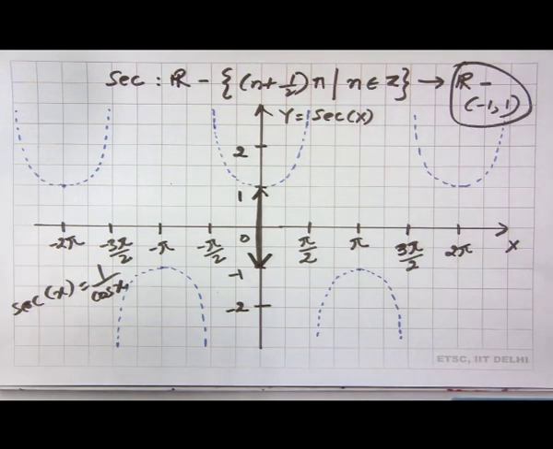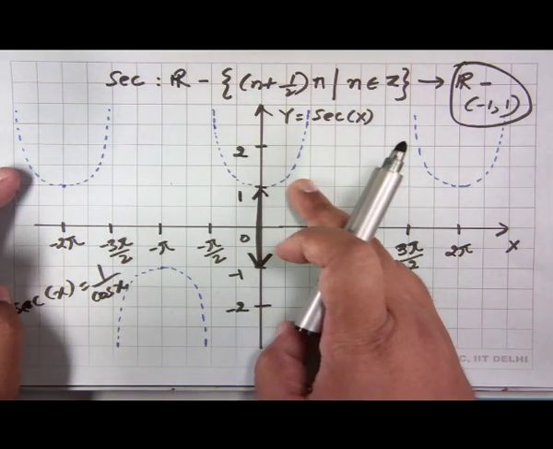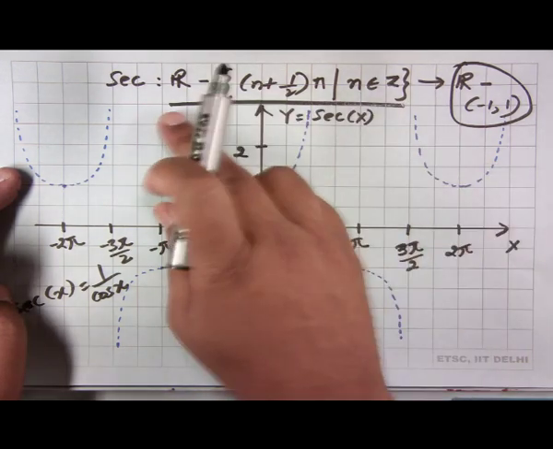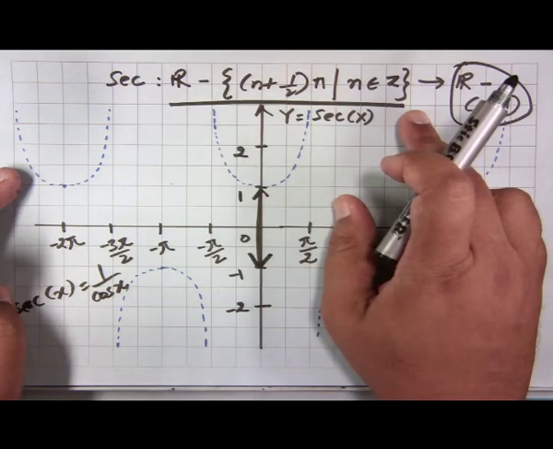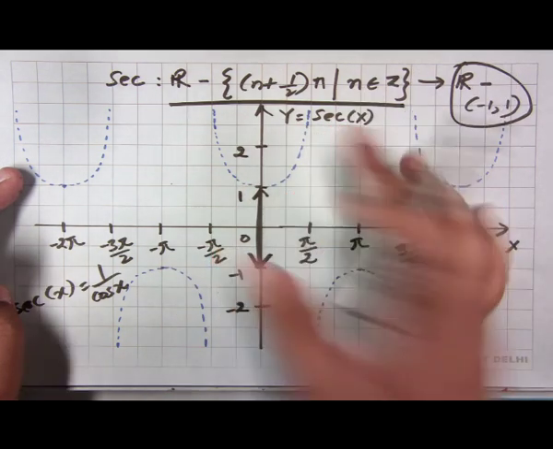And just like the other trigonometric functions, we again have the same problem: because the secant function is periodic, with this as the domain we cannot define the inverse meaningfully, and therefore we need to restrict the domain of the secant function also.